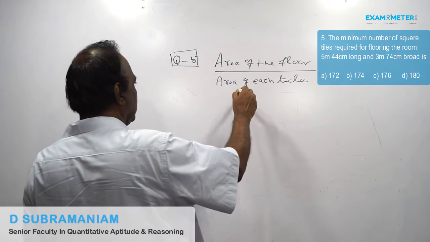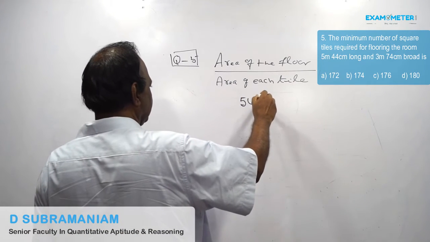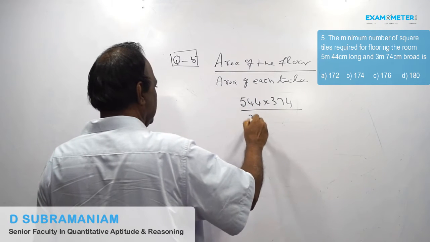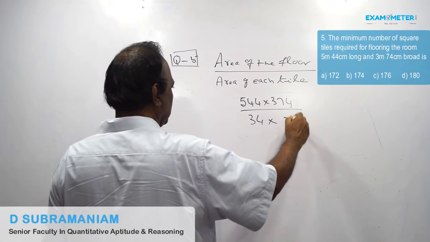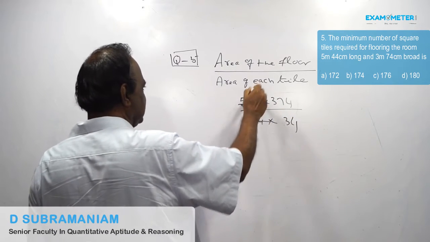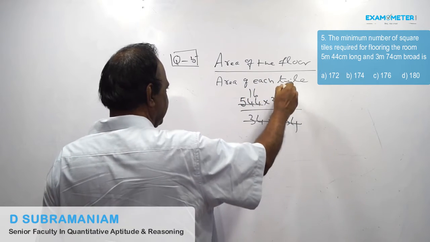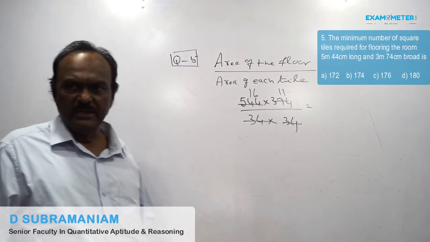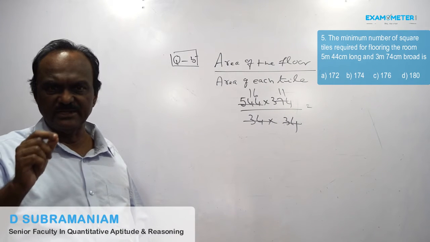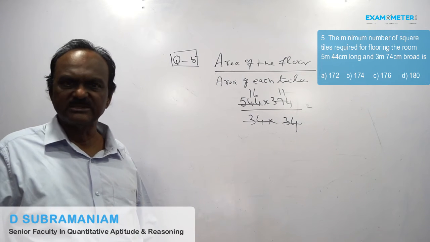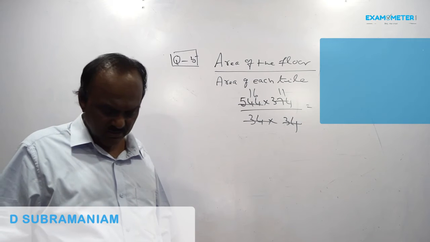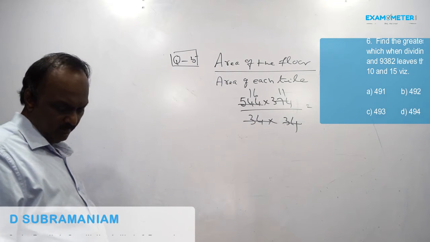So 544 into 374 divided by 34 into 34. This will cancel 16 times. This will cancel 11 times. 11 into 16, 176. So 176 tiles are required. So answer is 176. Question number 6.